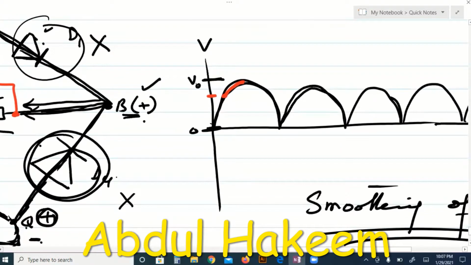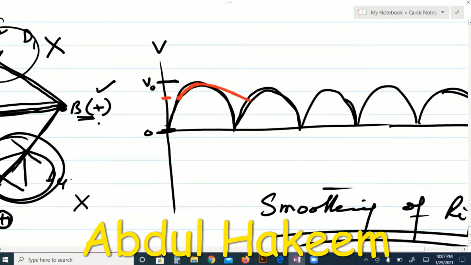But when the voltage from the supply decreases, the capacitor discharges itself and delivers its voltage across the resistor.